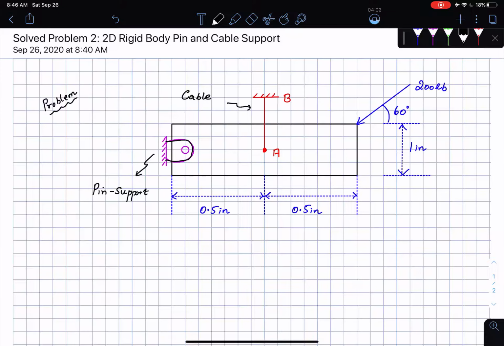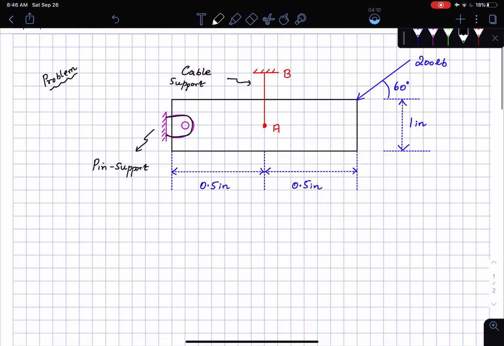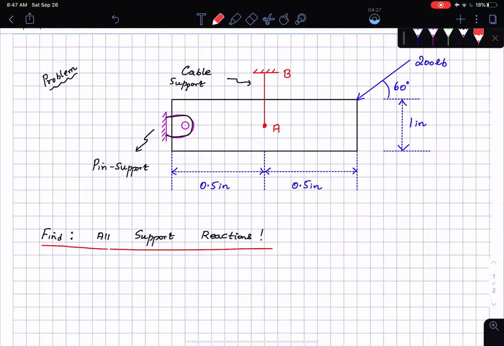So I have a pin support, then I have a cable support, and obviously the question is, find all support reactions. That's the name of the game, I guess.